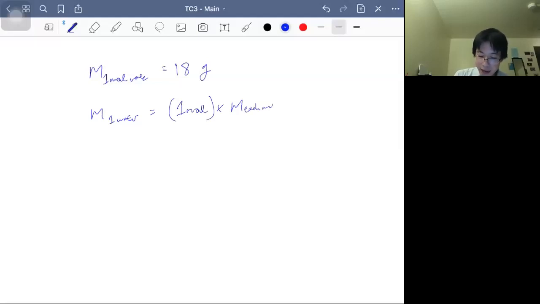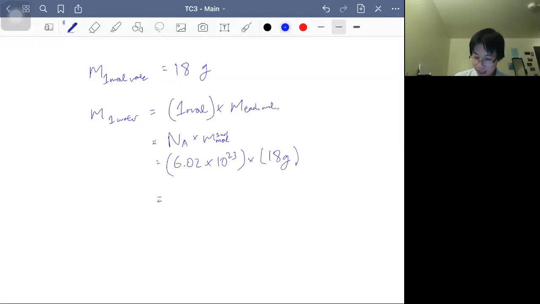So it's Avogadro's number times the molar mass, the mass of one mole of particles. So it's 6.02 times 10 to the 23 times 18 grams. So that can't be right. It's the other way around.